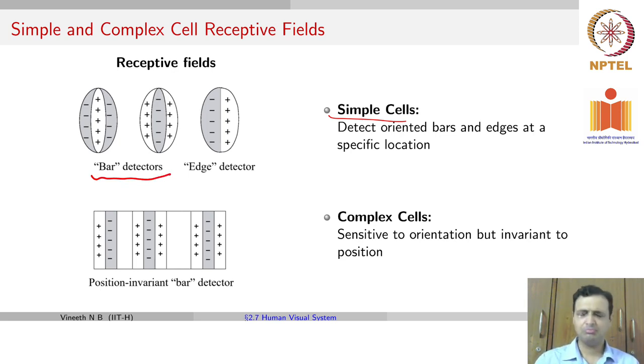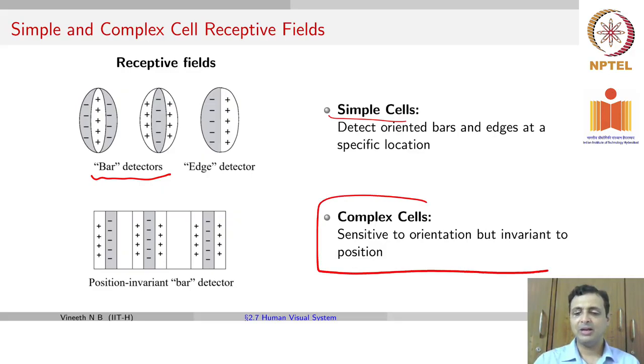And an edge detector is the edge detector that we already know. Those are simple cells. While complex cells may be invariant to position, but they are sensitive to orientation. So if you have certain orientations of edges, the complex cells are what pick up those kinds of orientations in their structure.